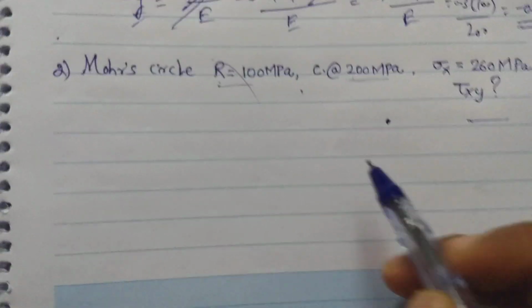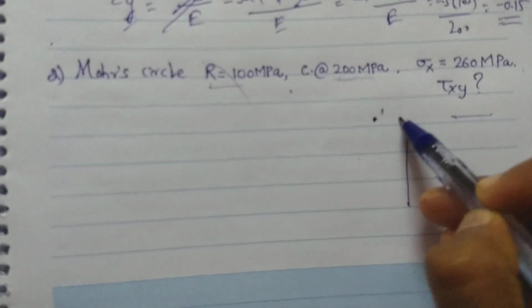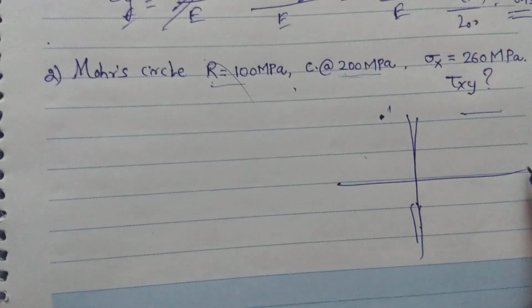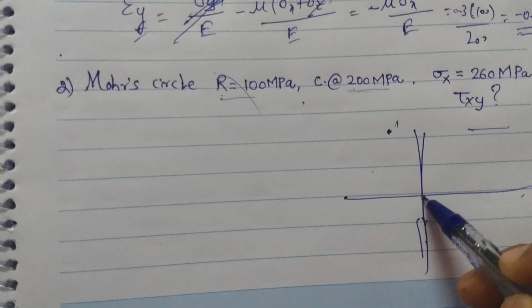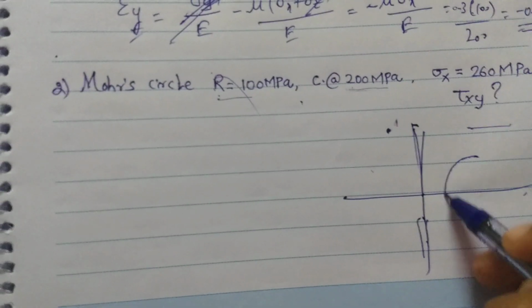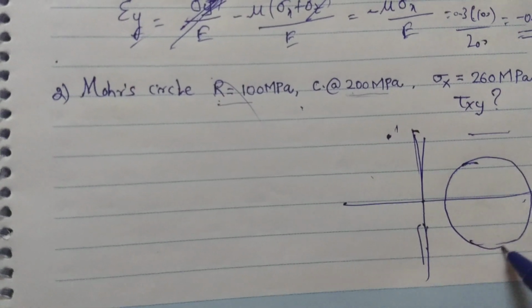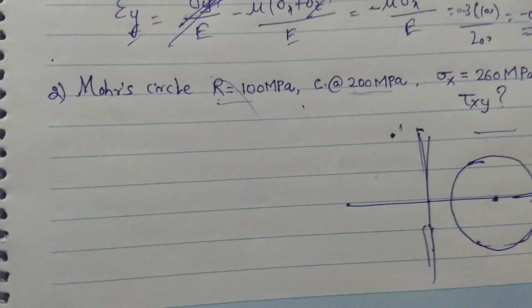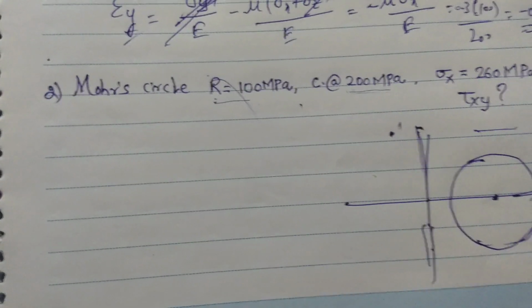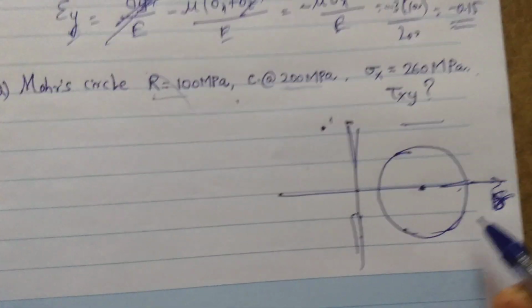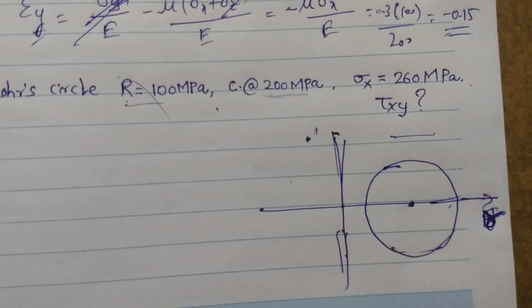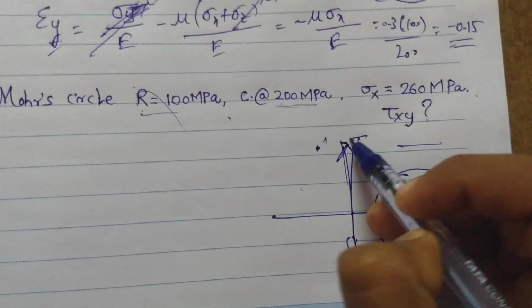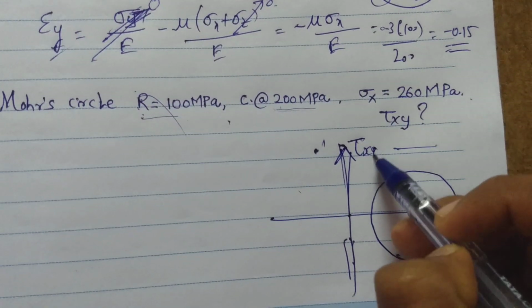Okay, let us draw the diagram. As we all know, this is the Mohr circle coordinates. A general Mohr circle is supposed to be somewhere here. This is the normal stress axis line. This is the shear stress axis line.